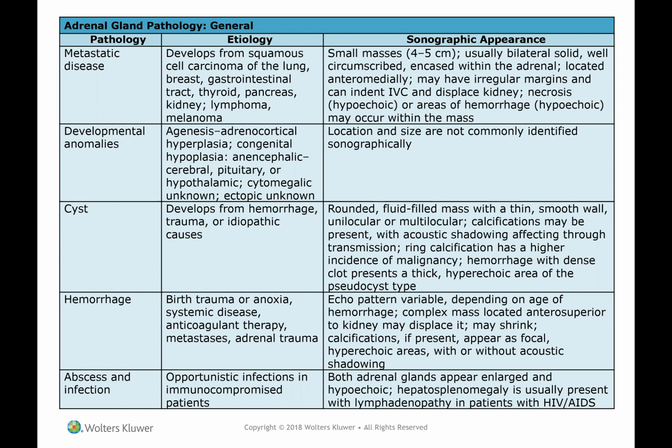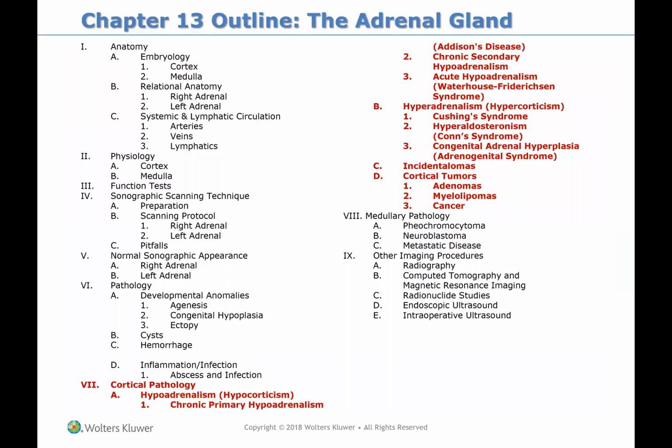Squamous cell carcinoma of the lung, breast, GI tract, melanoma, thyroid, pancreas, kidney, lymphoma. You're going to see small masses, 4 to 5 centimeters, but they're usually bilateral and solid, which we looked at. Cysts can be from hemorrhage, trauma, or idiopathic. You can have a hemorrhage, potential abscess or infection. You can have agenesis of the adrenal gland.